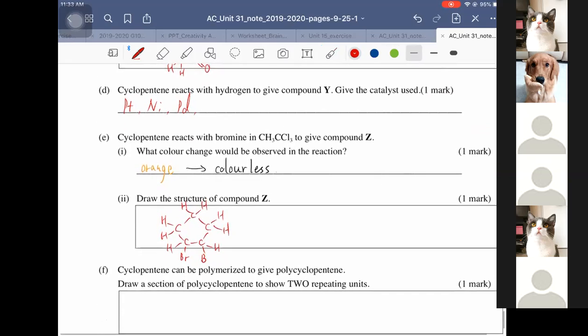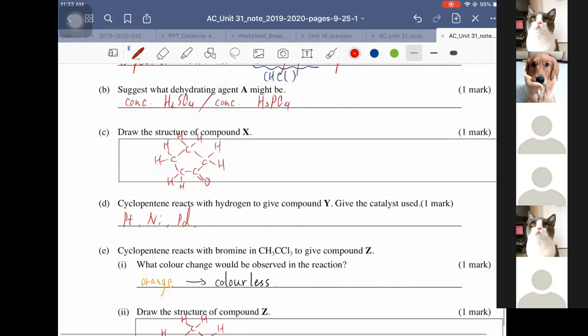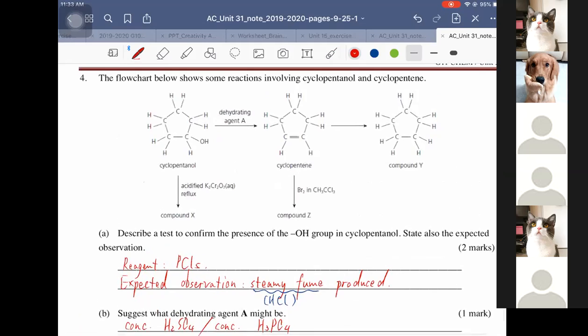Okay, and then last part. Cyclopentene can be polymerized to give polycyclopentene. Draw a section of polycyclopentene to show two repeating units. If we look back at the original molecule, cyclopentene, we have the double bond here.